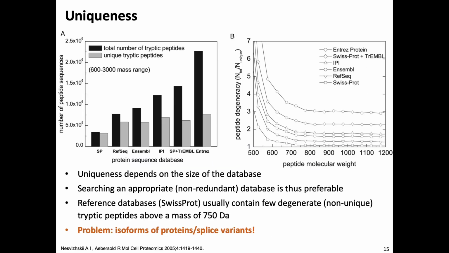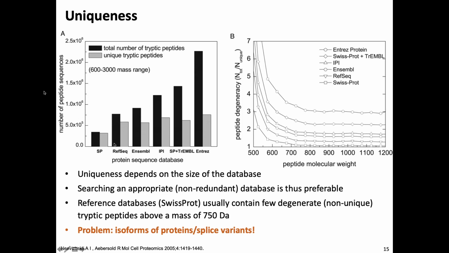So let's look at databases. What's shown here on the left-hand side is the number of peptide sequences for different protein databases. In black, we have the total number of tryptic peptides contained in the database, and in gray, the total number of unique tryptic peptides.